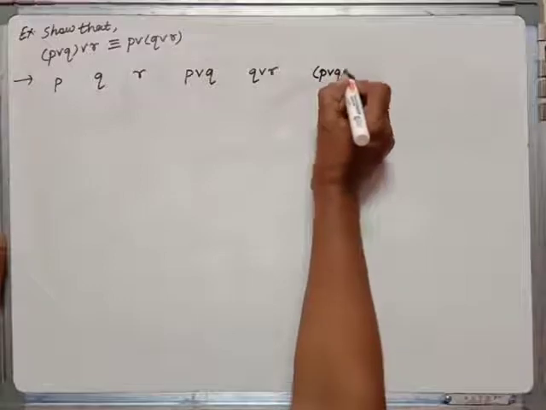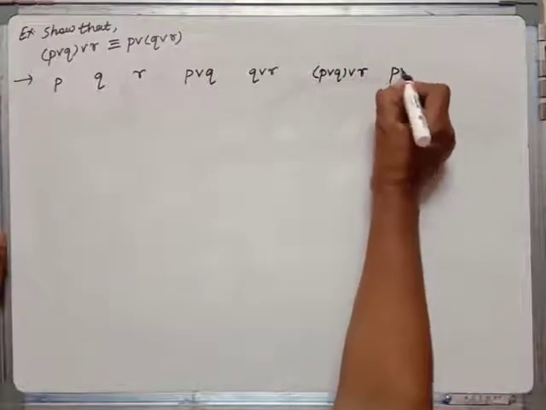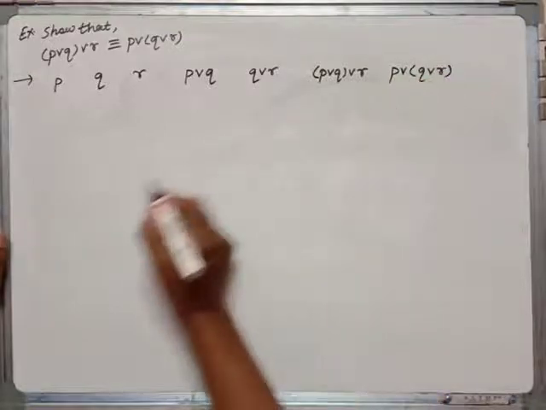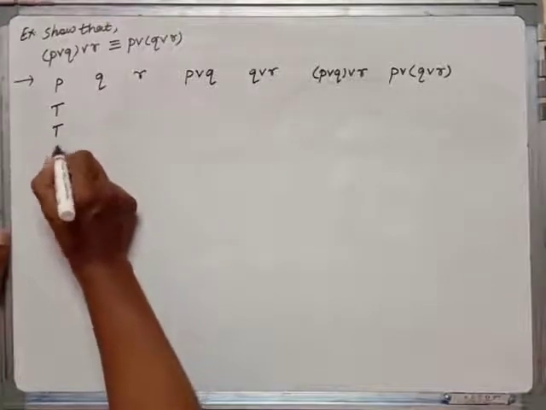(P or Q) or R and P or (Q or R). As such we have to determine. Again same three variables, so 8 possibilities.